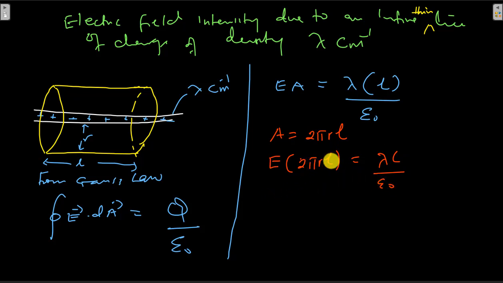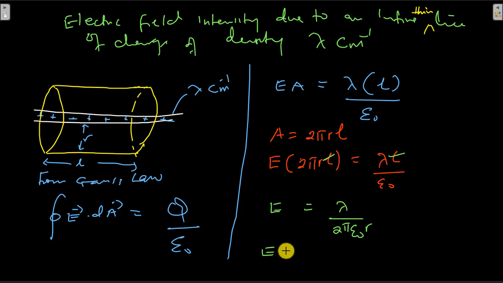As you can see, the length is going to cancel. This is nice because the electric field intensity will not depend on that length. So we have the electric field intensity equals lambda over 2 pi epsilon naught r.